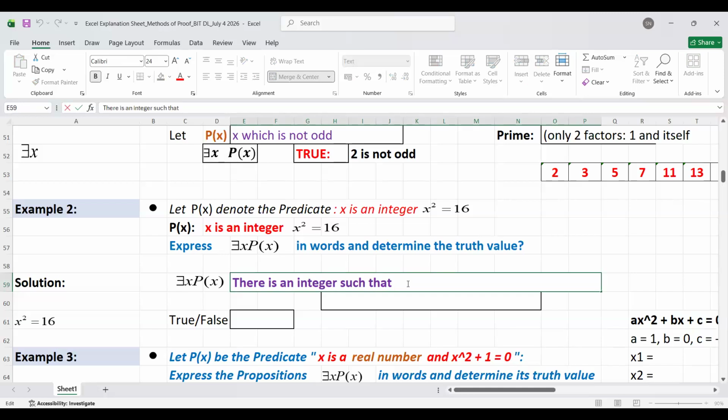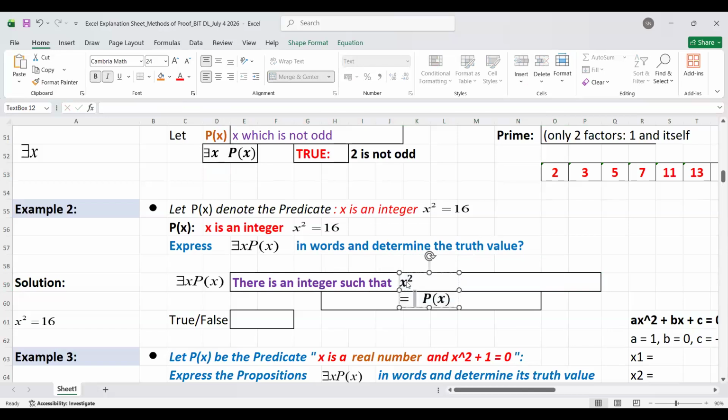There's an integer such that x squared is equal to 16. I want the equation editor. Okay, there you are. So for that integer x, we are saying that when we square it, it should give me 16.